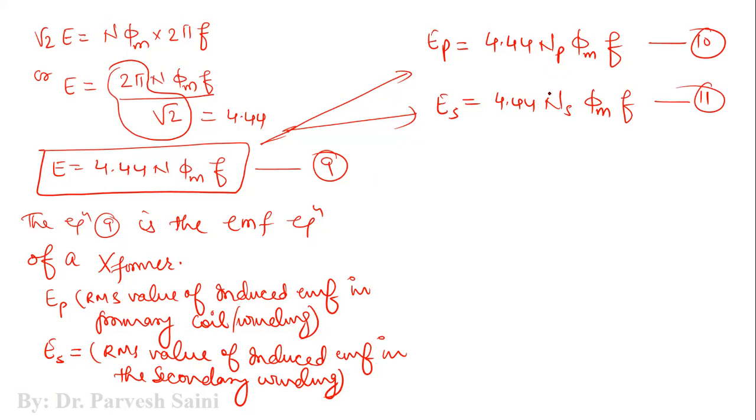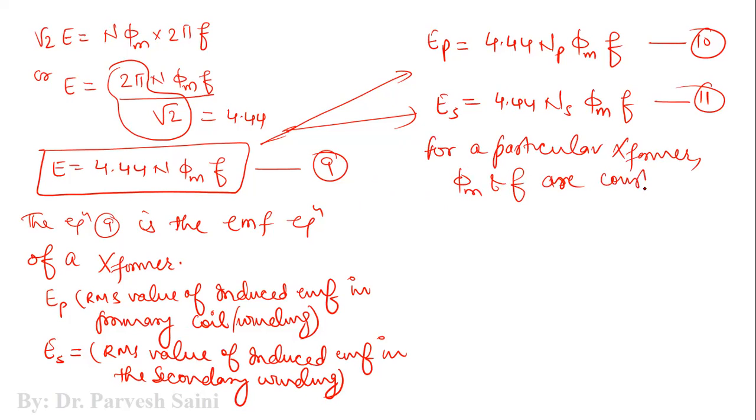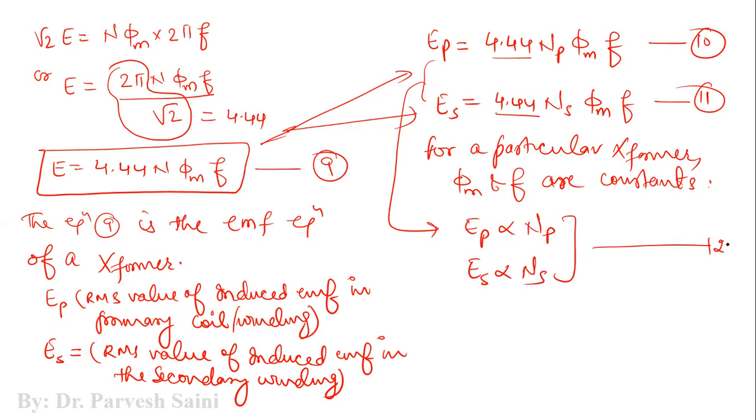Now, if you see here, for a particular transformer, generally phi m and f are constants, right? 4.44 is a constant, so we can say that from these equations, the EMF induced in the primary winding is directly proportional to the number of turns of the primary winding, and ES is also proportional to the number of turns of the secondary winding, right?